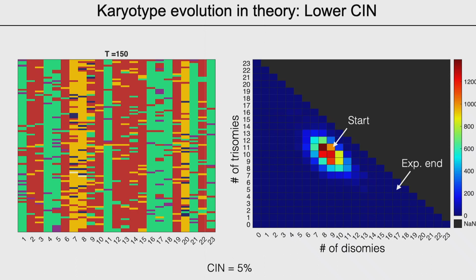So what Lucia did, she started from this cell and evolved this cell with the very same parameters for all karyotypes. And what happens when she was doing this, she could see that mainly for relatively small miscirculation rates, it moves not along this diagonal line, but away from this diagonal.